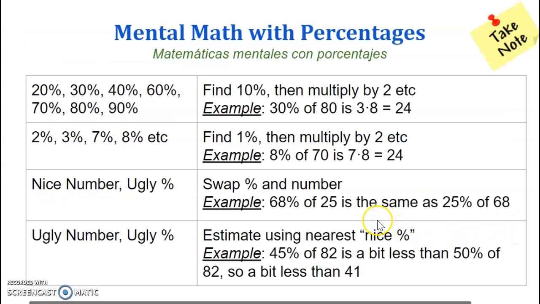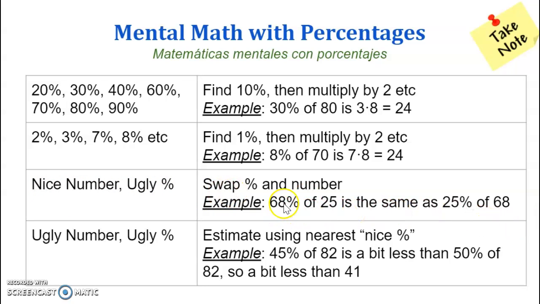So some additional notes. If you're finding 20, 30, 40, 50, 60, the whole numbers like that, then find the 10% and then multiply that by 2 or 3 or 4 or whatever. What about 2%, 3%, 7%, 8%? You first find the 1% and then multiply that by 2 or 3 or whatever. If you're multiplying a nice number by an ugly percentage, you can swap the percentage and the number.